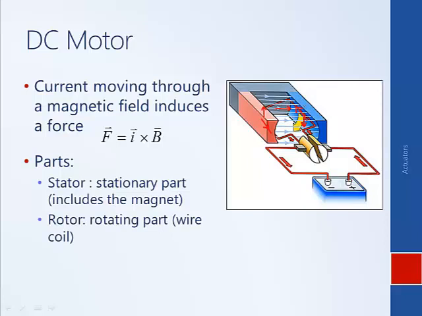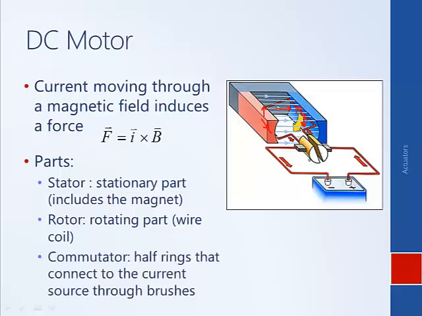It's the rotating part. It's also called the armature. And then this part that causes the current to switch direction, these half rings, is called the commutator, and it connects to the current source through little brushes.